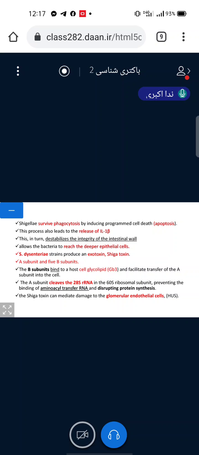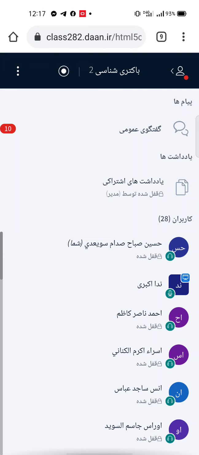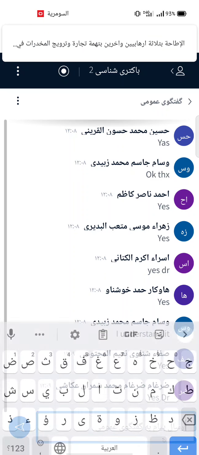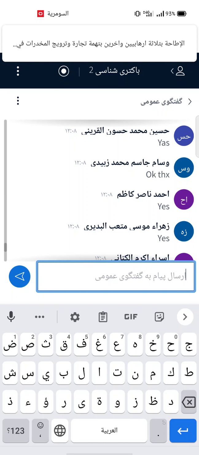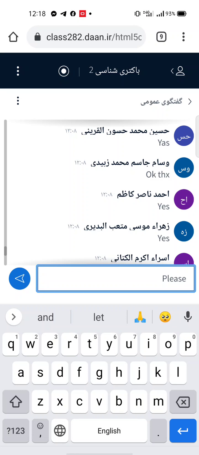We spoke about it last session. This toxin has 1 A subunit and 5 B subunits. Wait a moment. Yes, you can see here the A subunit and B subunit. And for the B subunit, we have 5 identical or similar B subunits.